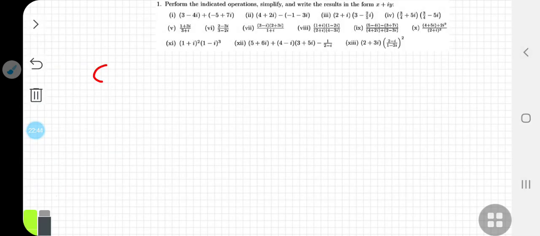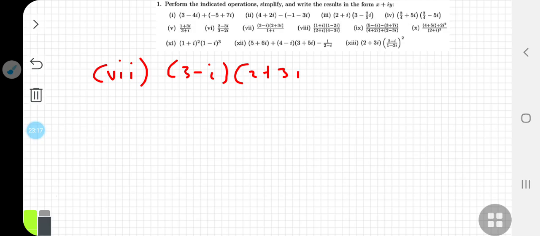So question 7. It's telling us to express 3 minus i multiplied with 2 plus 3i over 1 plus i.